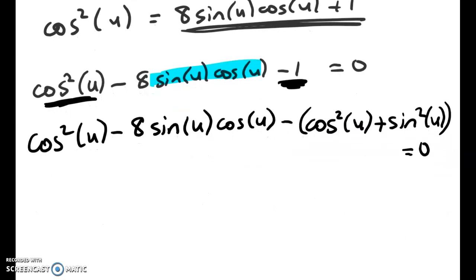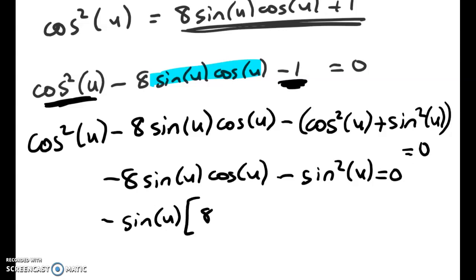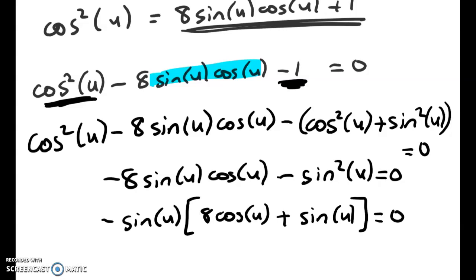Now what does that give me? Well, that's quite good, because now I've got minus 8 sine u cos u minus sine squared u is equal to 0. I can factorise out negative sine u, and I get 8 cos u is the factor here, plus sine of u. Now it's worth checking back that I haven't made a mistake here, so let's carefully expand out.